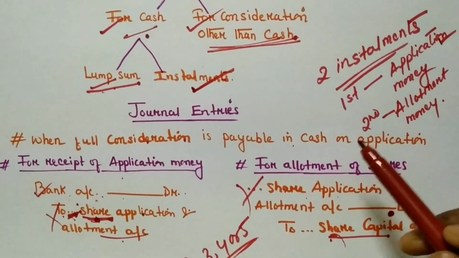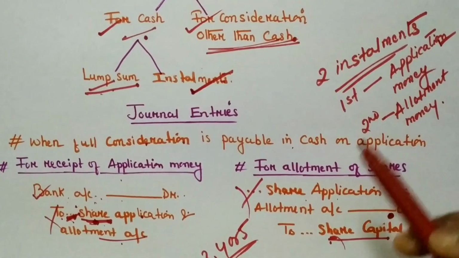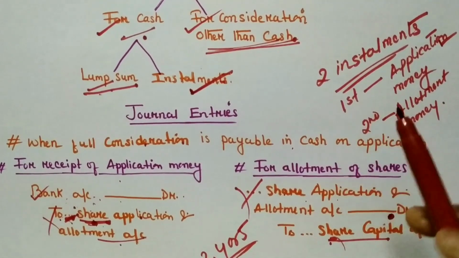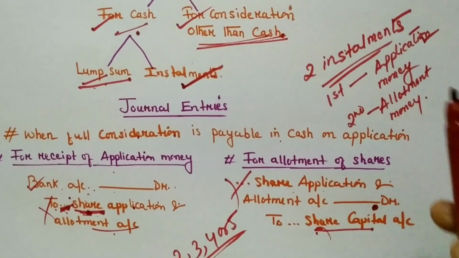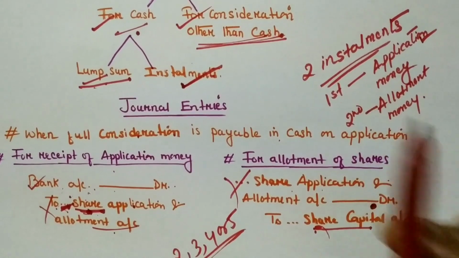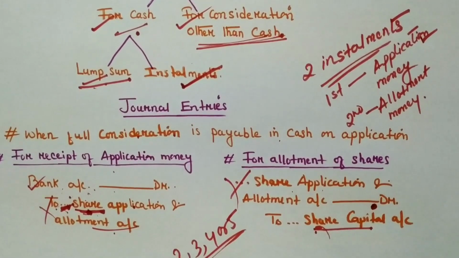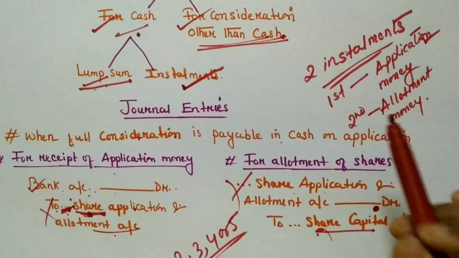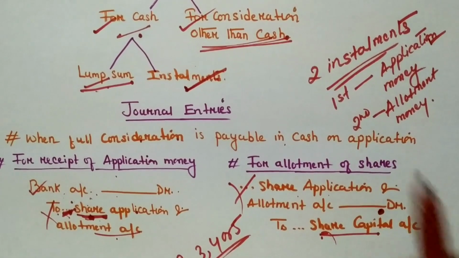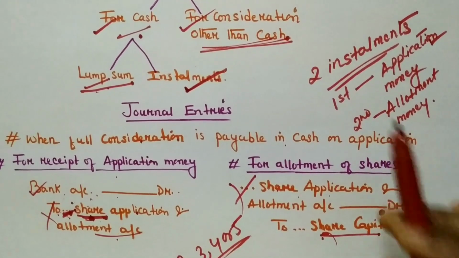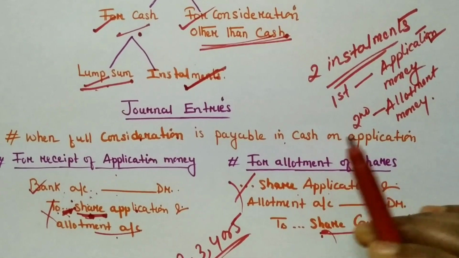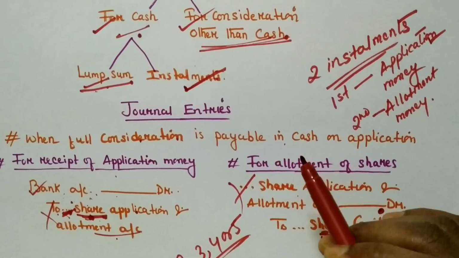Likewise, if the amount is payable in 4 installments, then treat the first installment money as application money, the second installment money as allotment money, the third installment money as first call money, and the fourth installment money as second and final call money.